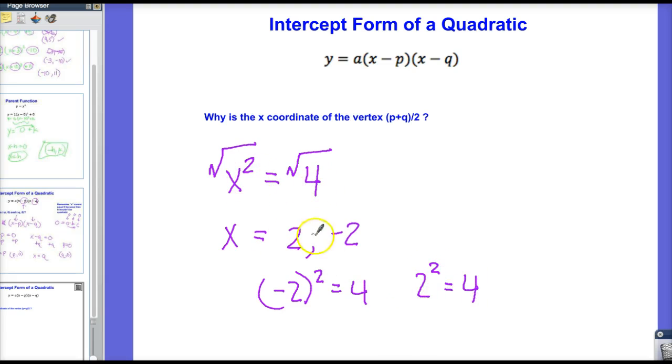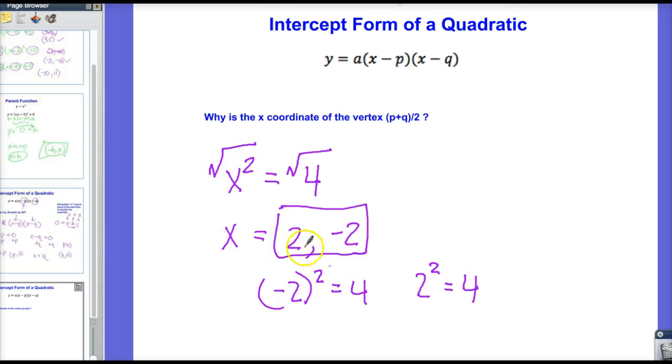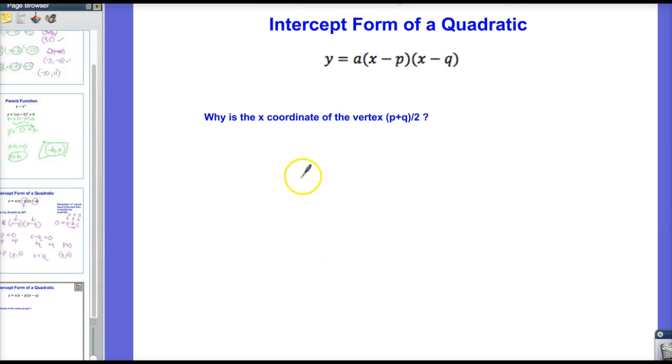So if x squared is 4, it has 2 answers. That's what's going on right here. 2 squared is 4, and negative 2 squared is 4. So whatever's going to happen on this side, the same thing is true for the negatives. That's because we're squaring. That's a consequence of squaring.